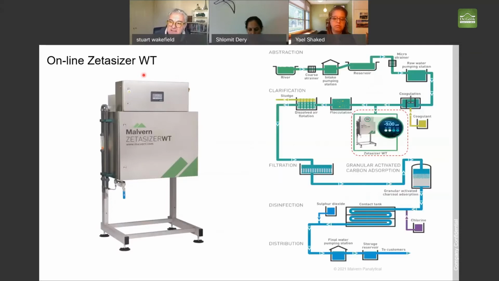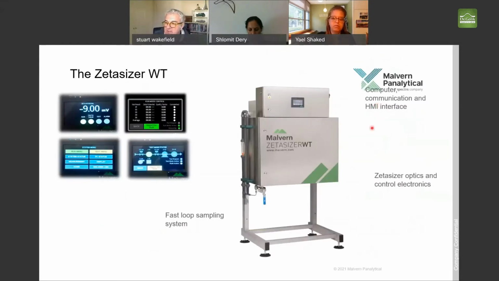And if we take that same process again, you can see that instead of manually taking a sample of the water after you've added your chemical and then taking it to the laboratory for measurement, what we're actually going to do now is measure the zeta potential in real time at this point. And of course, the instrument is all contained within this process box.